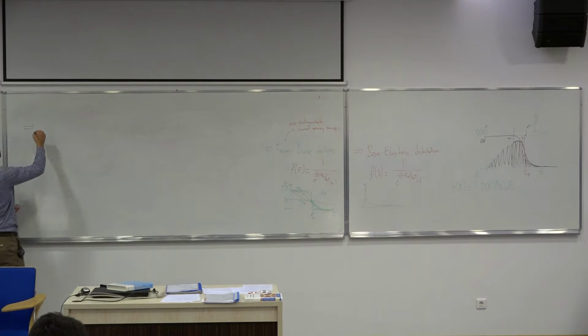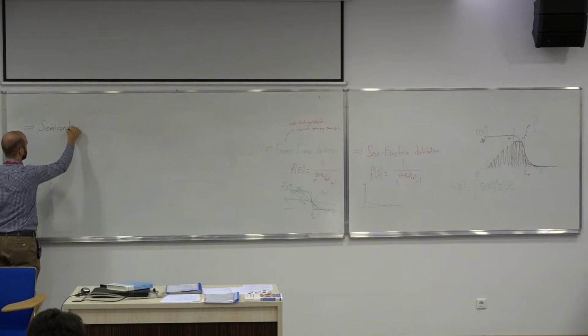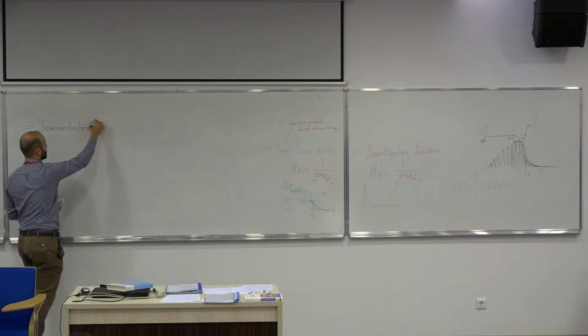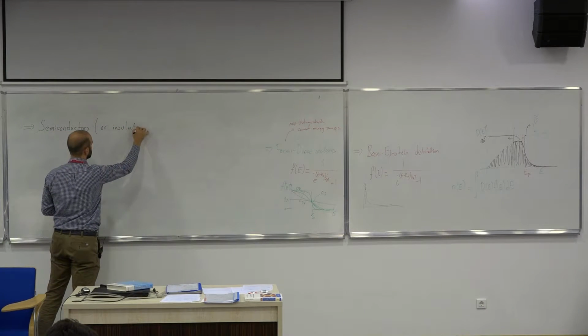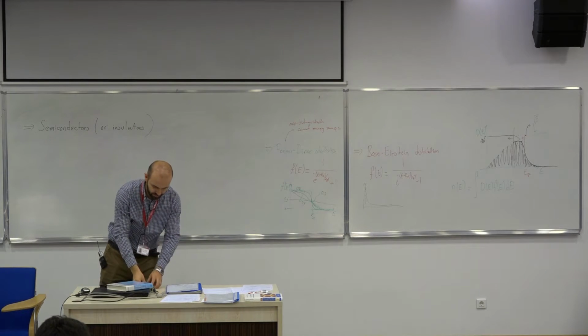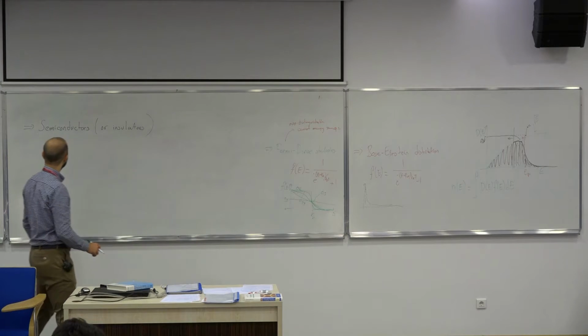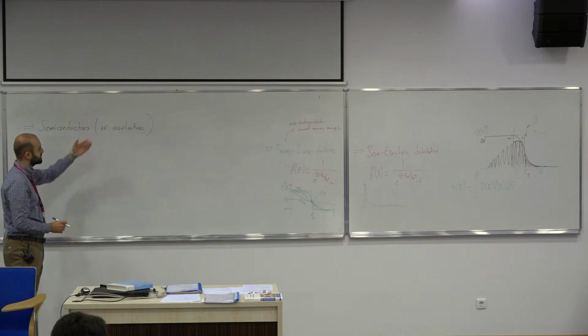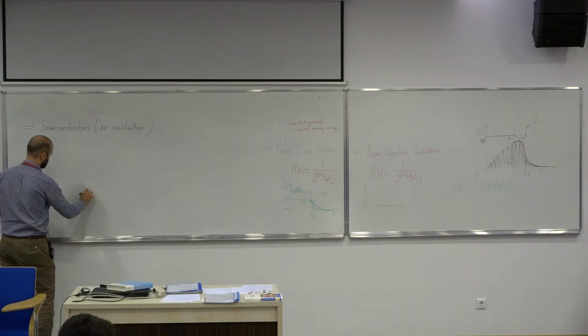So now let's look at our insulators. What we have done so far was a description of a metal, but now let's try to see how we can have a semiconductor or insulator within the framework of what we have seen so far.